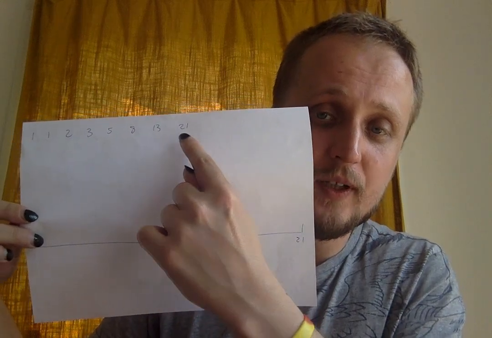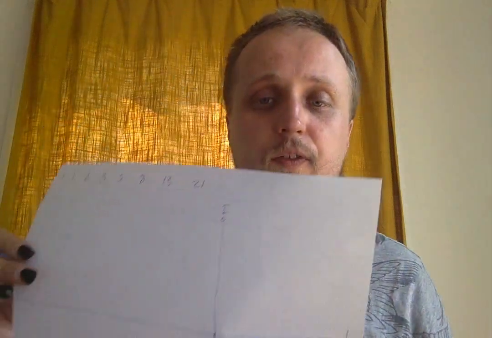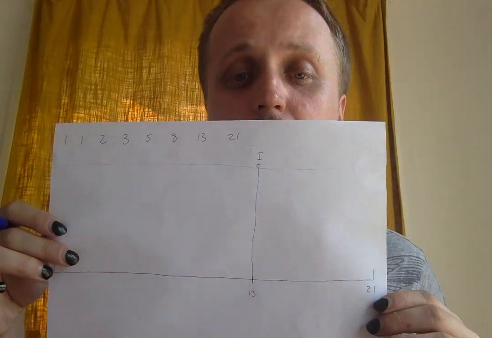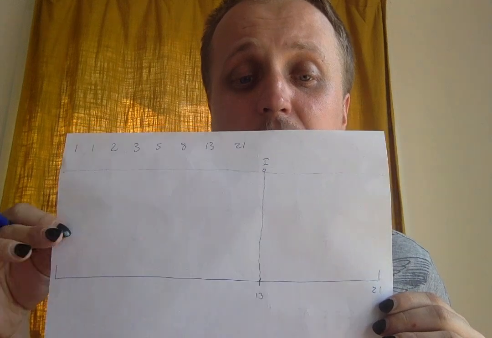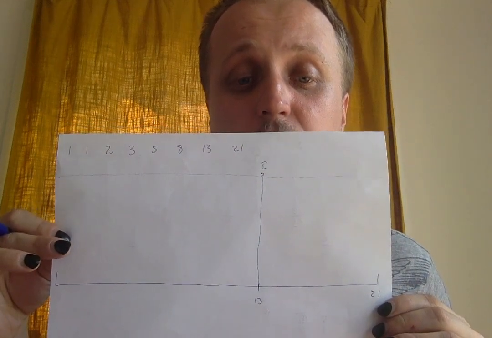I'm going to divide 21 into a unit of 13 and a unit of 8, and I'm going to mark that point with a Roman 1, just to not confuse. So 1 is the point where I divide 21 into 13 and 8.